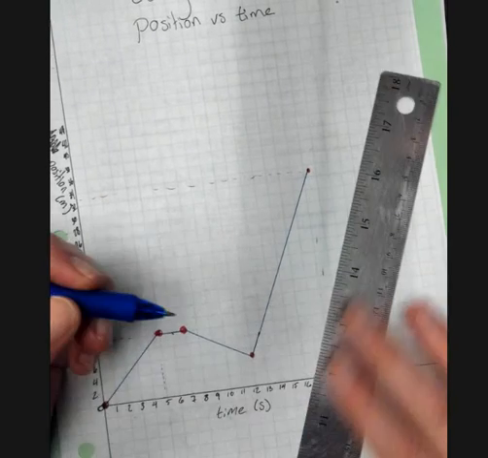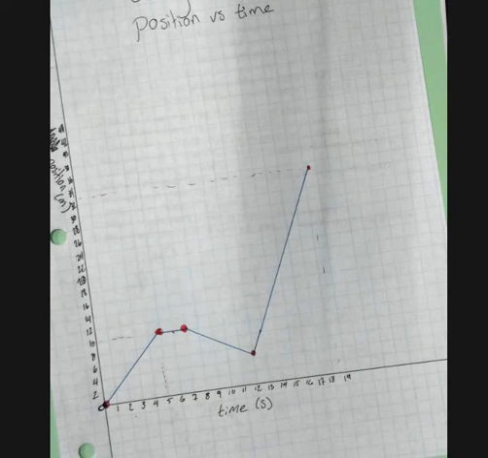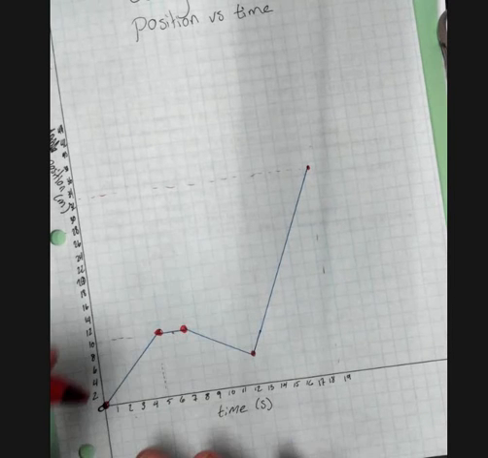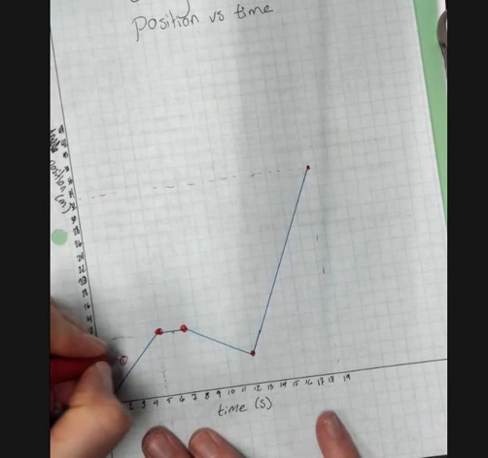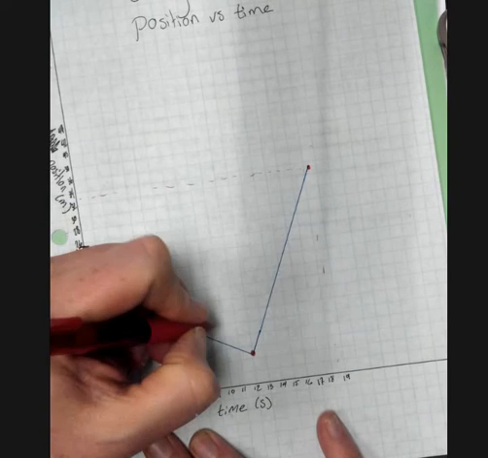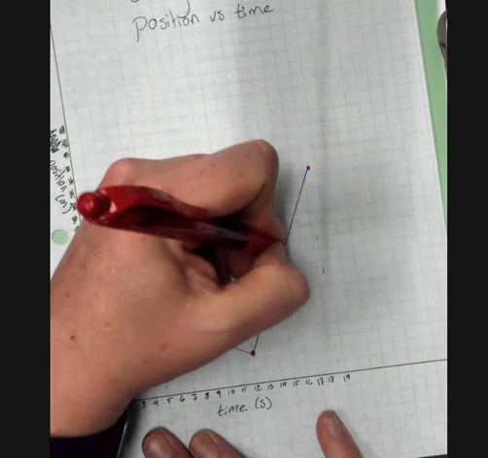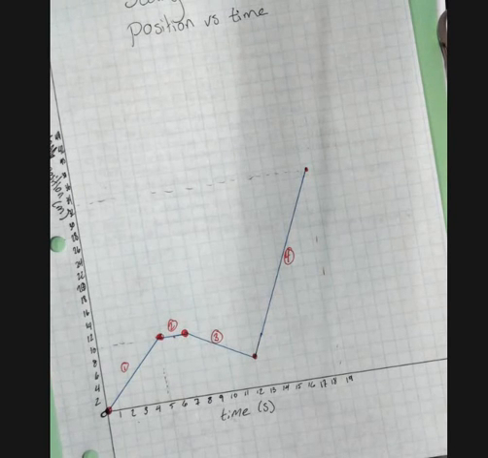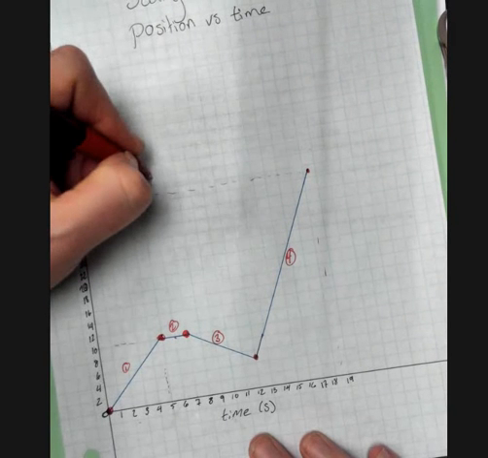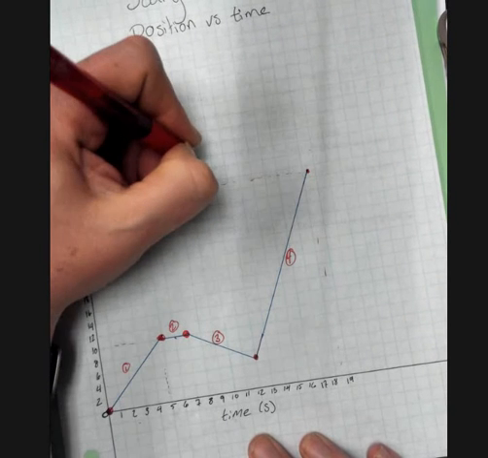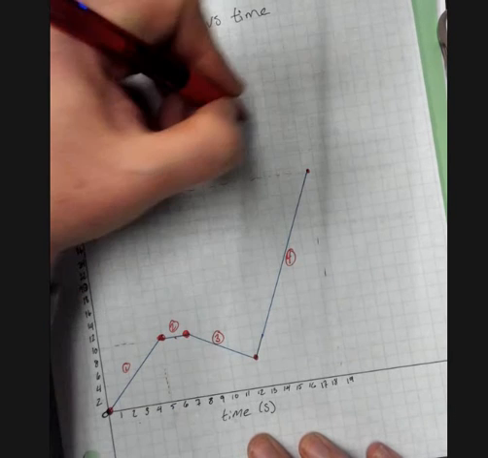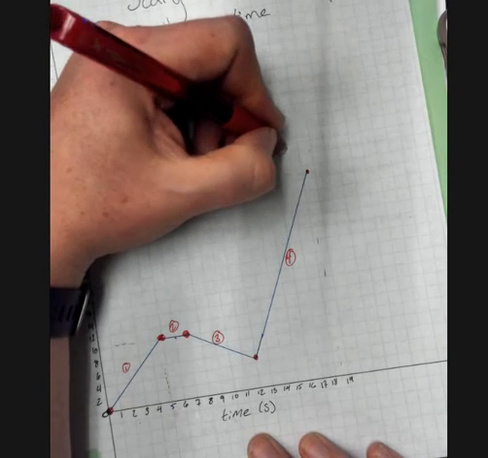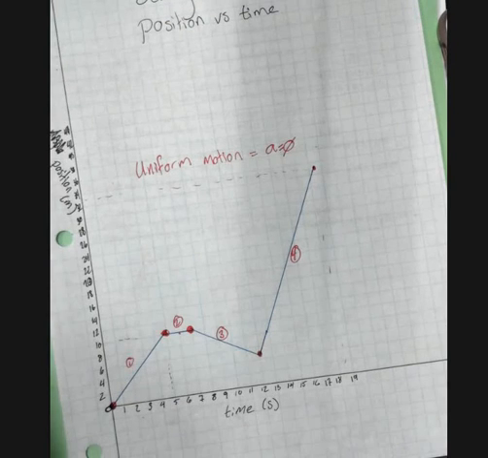Alright, so that means that we could call this here section 1, this here section 2, this here section 3, and this here section 4. As long as we assume uniform motion, remember uniform motion means that acceleration equals 0, and we just went over that in the previous lecture, which you should have watched first.